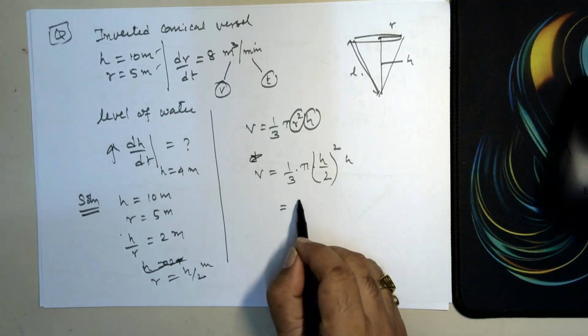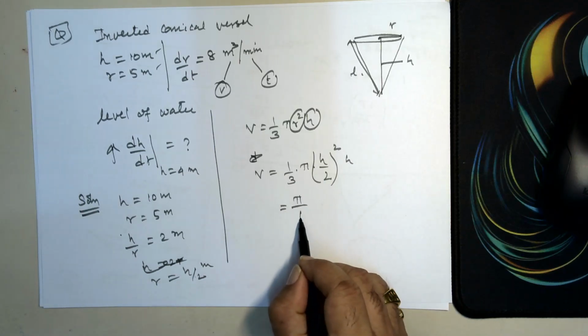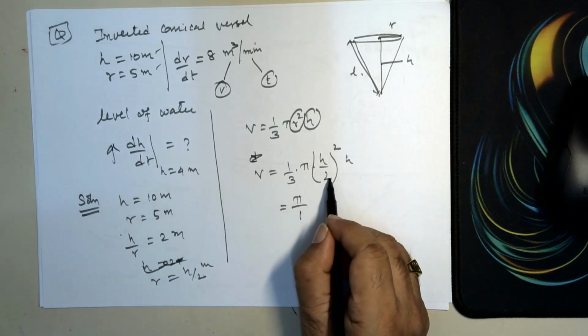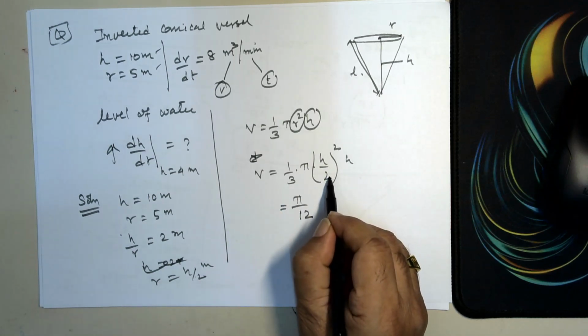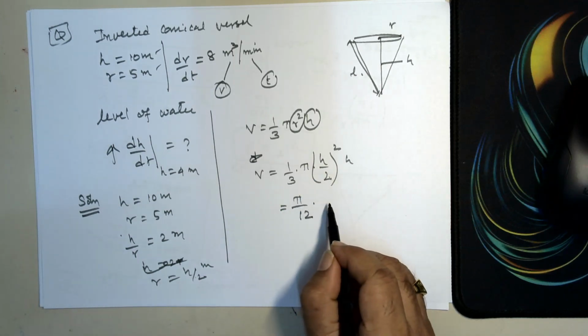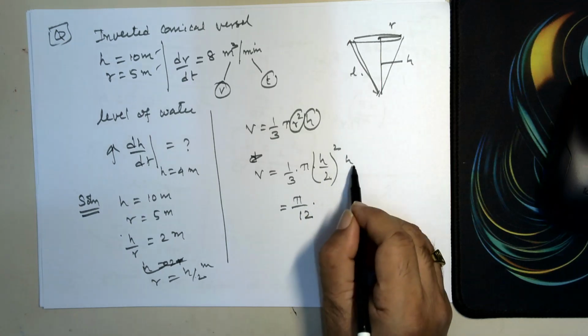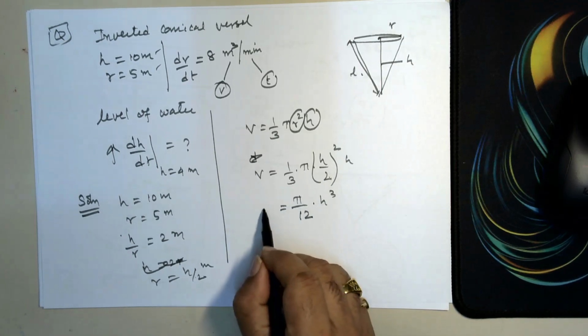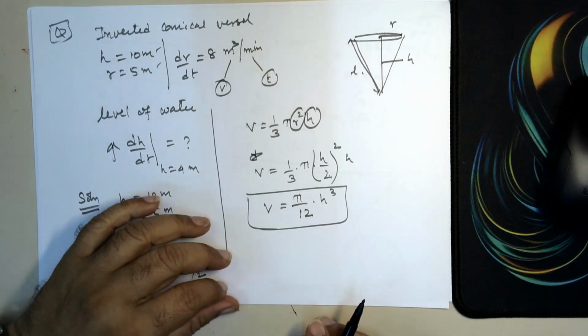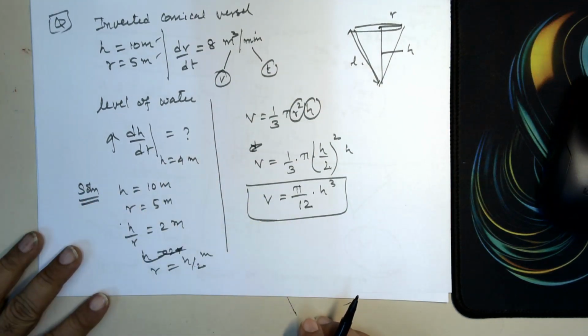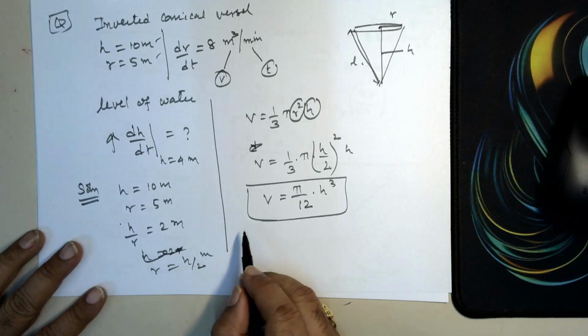So it becomes pi by 12 h cube, since 2 twos are 4, 4 threes are 12, and h squared into h is h cube. So this is V. Now we have comfortably converted to the volume and h variables only.